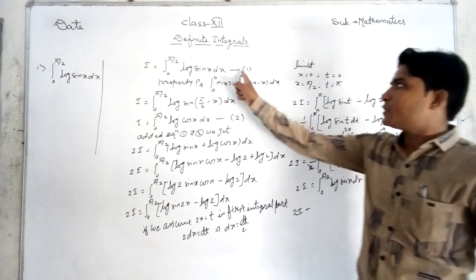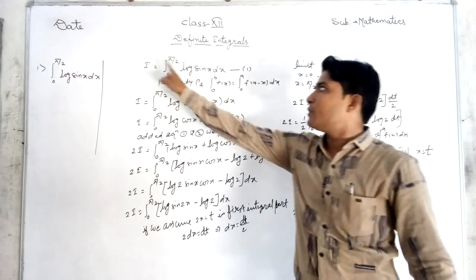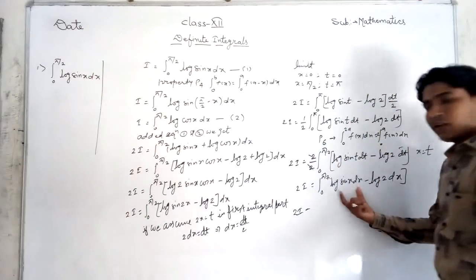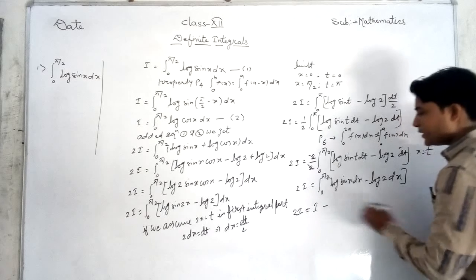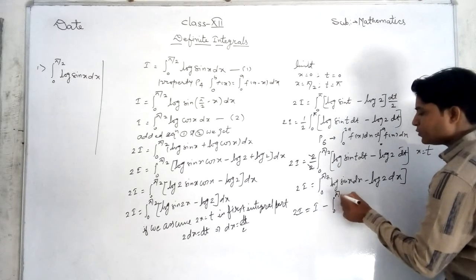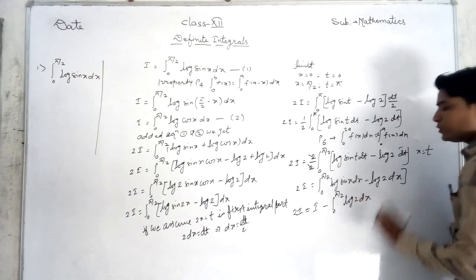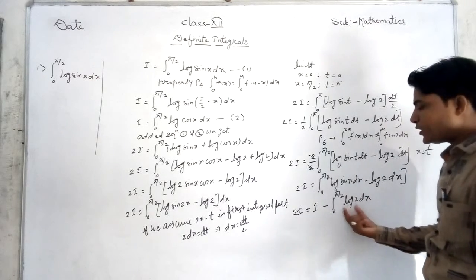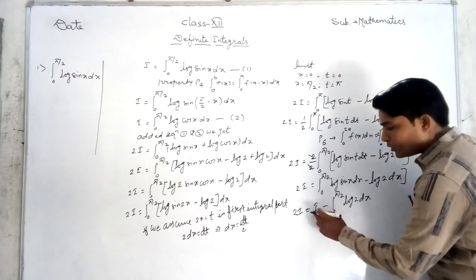So 2I minus I is I, equal to minus log 2 times the integral of only dx from 0 to pi by 2. The integration is x from 0 to pi by 2.